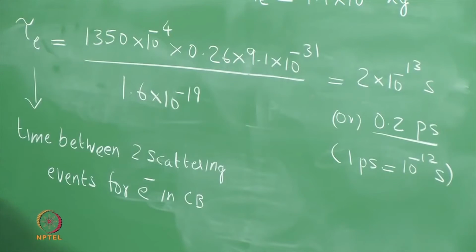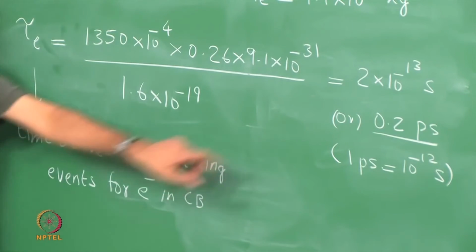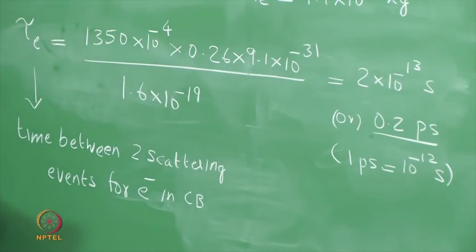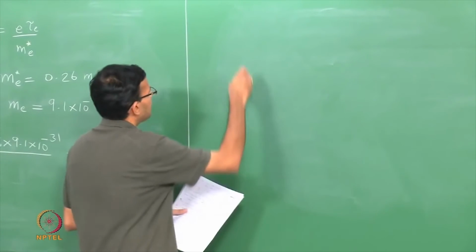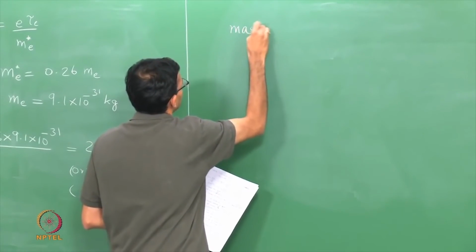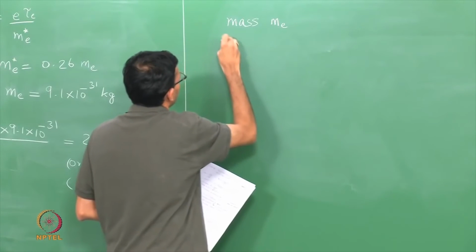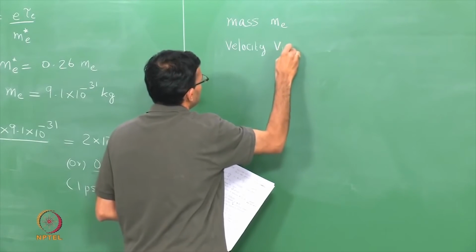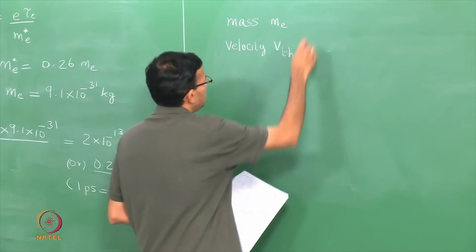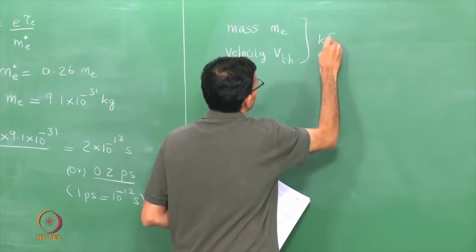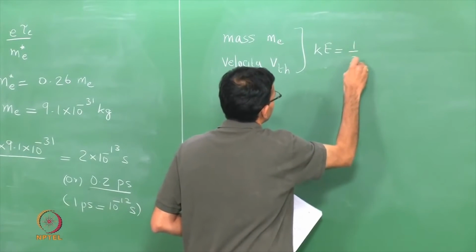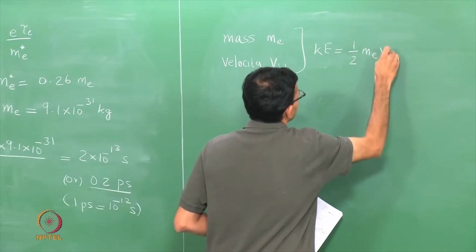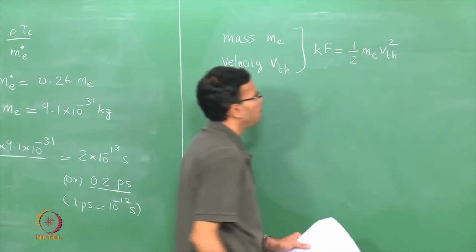We would also like to calculate the distance the electron travels between these two scattering events, or the distance the electron travels in this time of 0.2 picoseconds. If we look at an electron with a mass given by me and velocity given by V thermal, then the kinetic energy is nothing but 1/2 m v square.